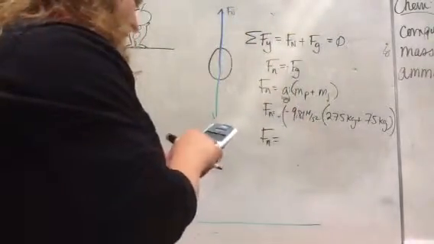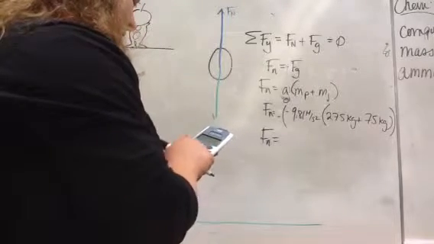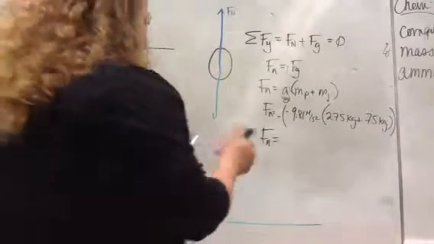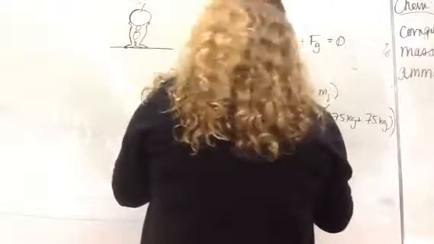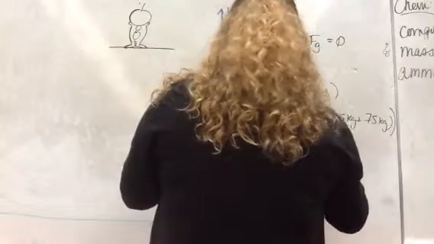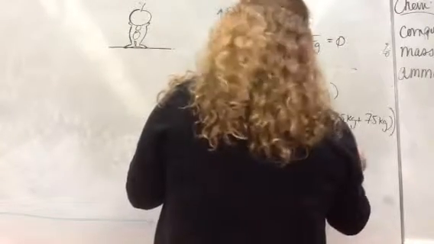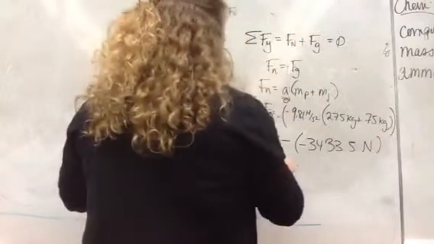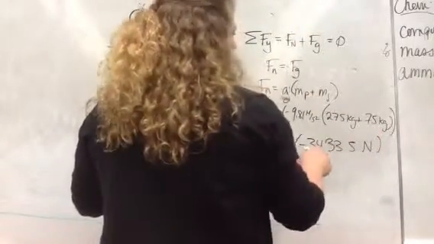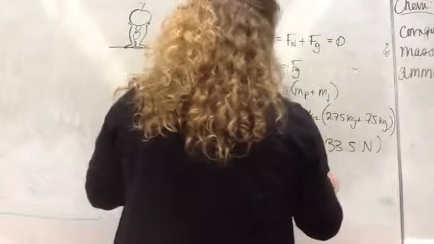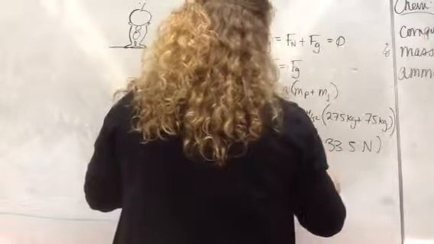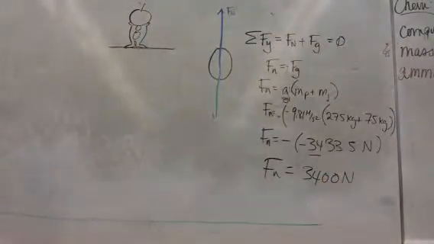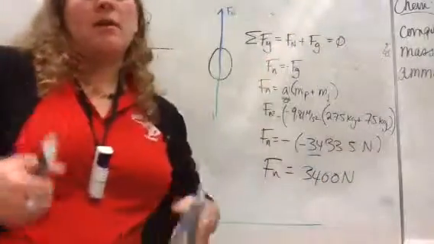And we're going to get 275 plus 75 times negative 9.81. So we get the negative of negative 3,433.5 newtons. Normal force back on him, and we can have 2 sig figs. So it's 3,400 newtons. Yeah, that was dumb. Sum of forces.